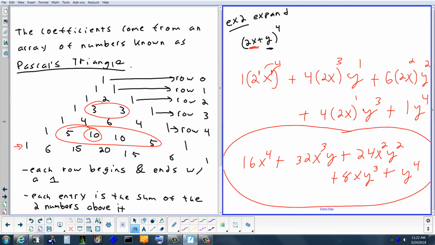Okay, now if you had something like this and you had to work backwards to figure out what it came from, that can be a little tricky. You can tell that it should be to the fourth power because you've got 1, 2, 3, 4, 5 terms. So you know it was something plus something to the fourth power.